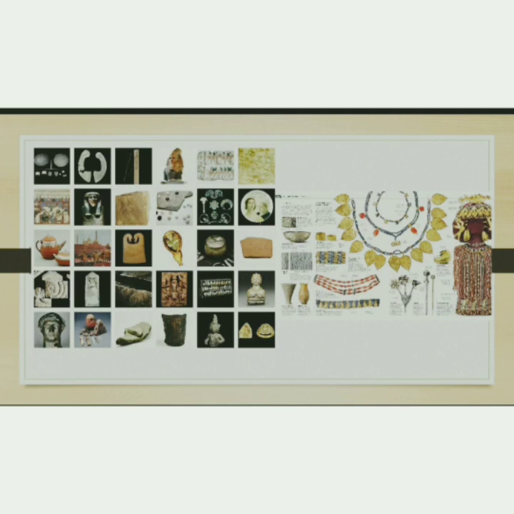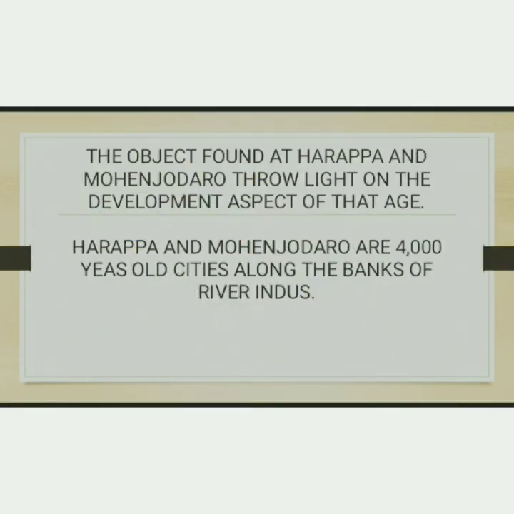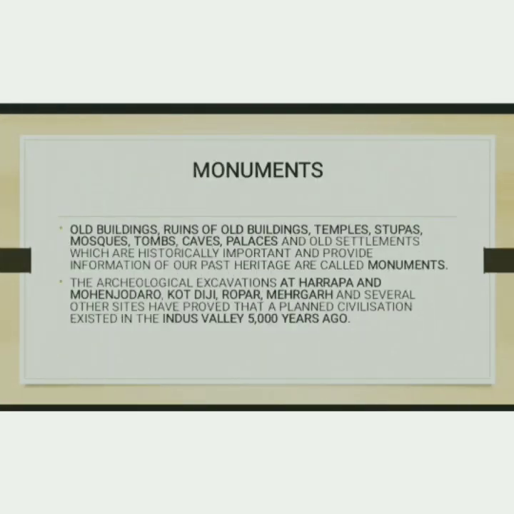The objects found at Harappa and Mohenjo-daro throw light on the developmental aspect of that age. Harappa and Mohenjo-daro are 4,000 years old cities along the banks of river Indus.